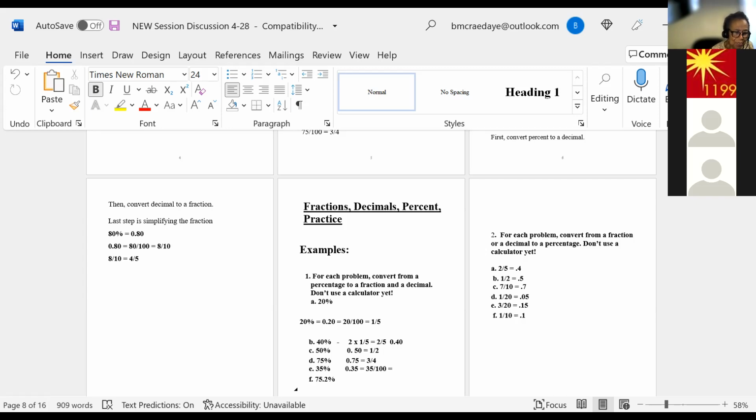What number goes into the 35 that also goes into the 100? 5. 5 into 35, how many times? 7. 5 into 100, 20. 7 over 20, right? Now 75.2%. What would that be as a decimal, Mercedes?